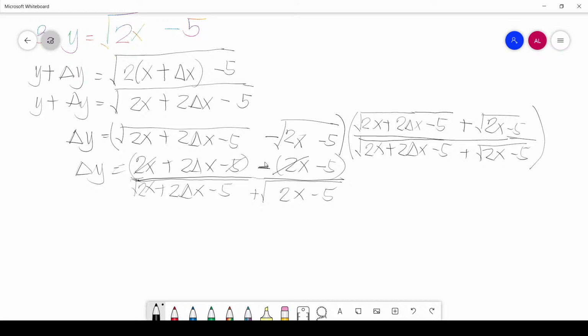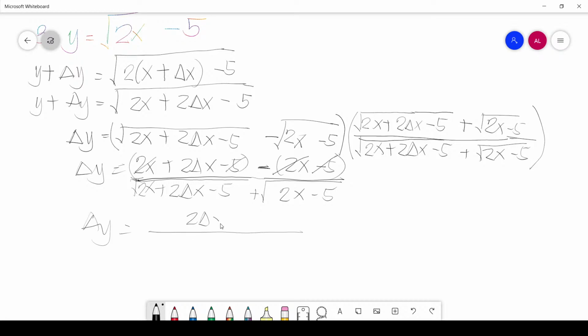Then, negative 5. Negative minus negative is positive. Negative times negative is positive. So, masasalin na lang is 2 delta x. There you go. We have solved our delta y.